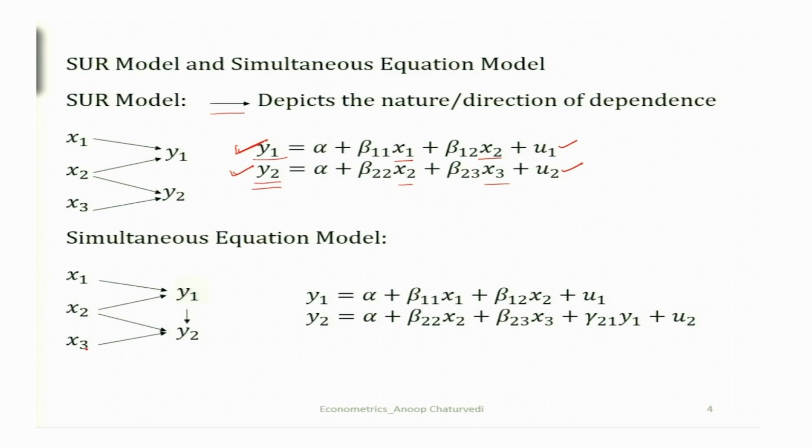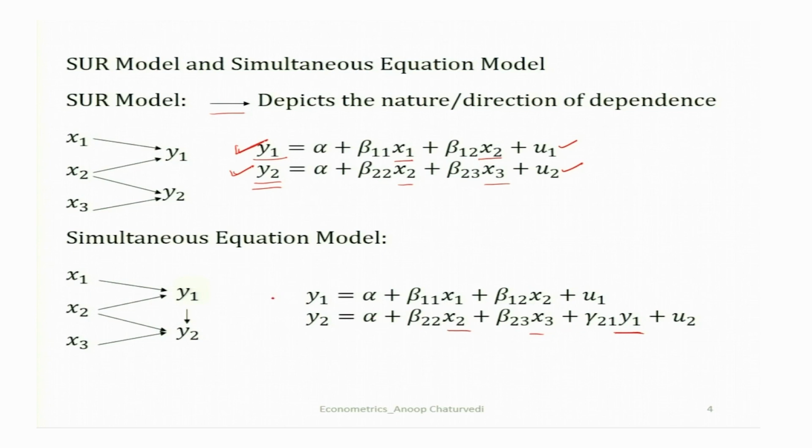Not only that, y 2 is also influenced by y 1. So, for y 2 the model is of the form y 2 equal to alpha plus beta 2 2 x 2 plus beta 2 3 x 3 plus gamma 2 1 y 1 plus u 2. So, here not only x 2 and x 3, but y 1 is also involved.